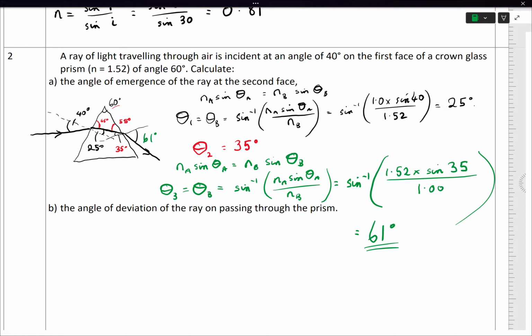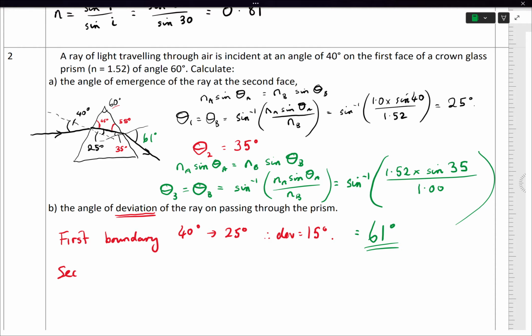So theta 3, the angle of emergence at the second surface, is 61 degrees, and we worked out the internal angle here is 35 degrees. The last part asks for the angle of deviation of the ray passing through the prism. This is how much its direction has changed. We can do this at each surface. At the first boundary, it went from 40 degrees to 25 degrees, so there was a deviation of 15 degrees.